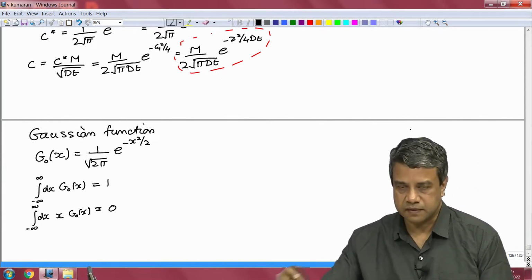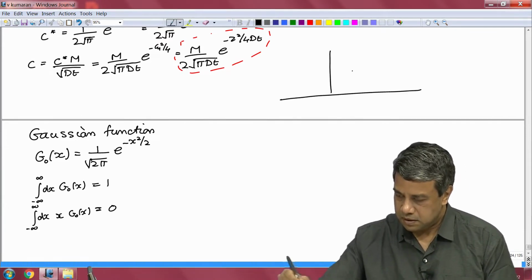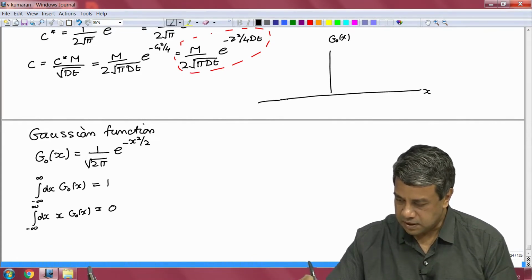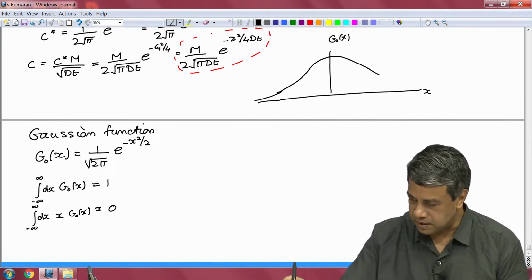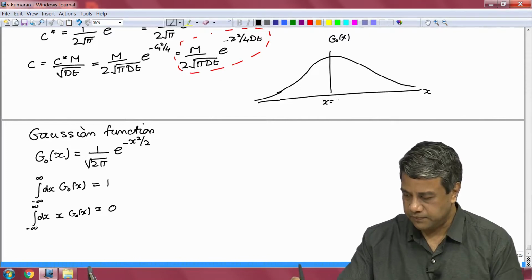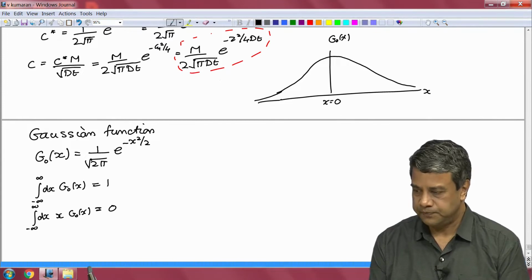If I draw g naught of x versus x, you will get what is called the bell shaped curve, which is symmetric about x is equal to 0.